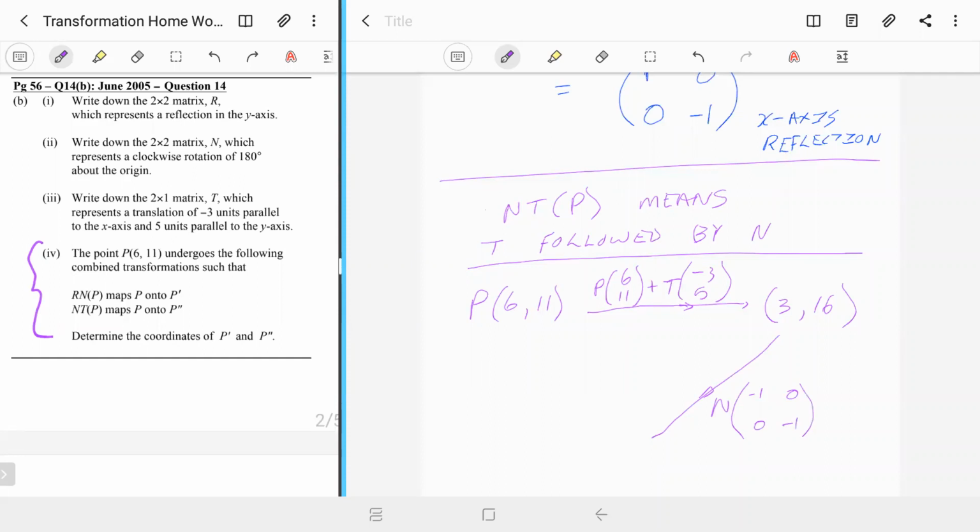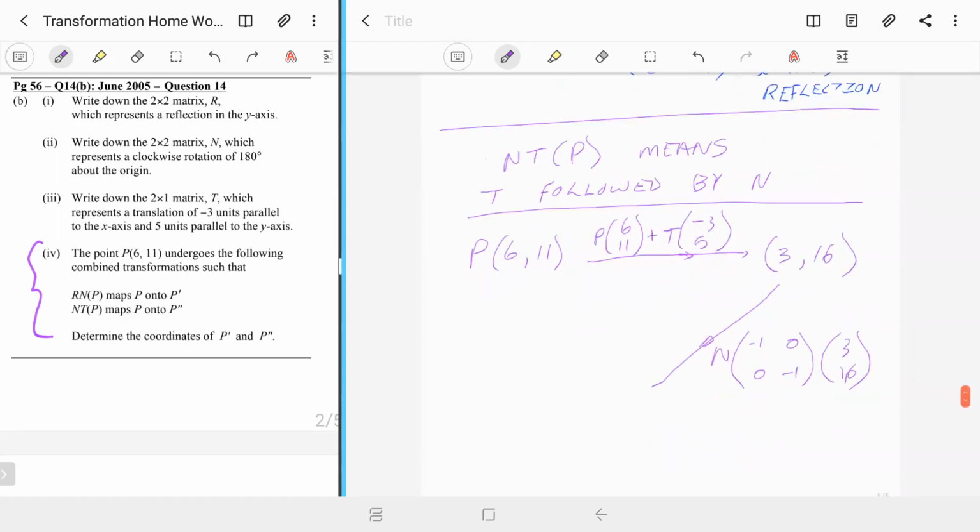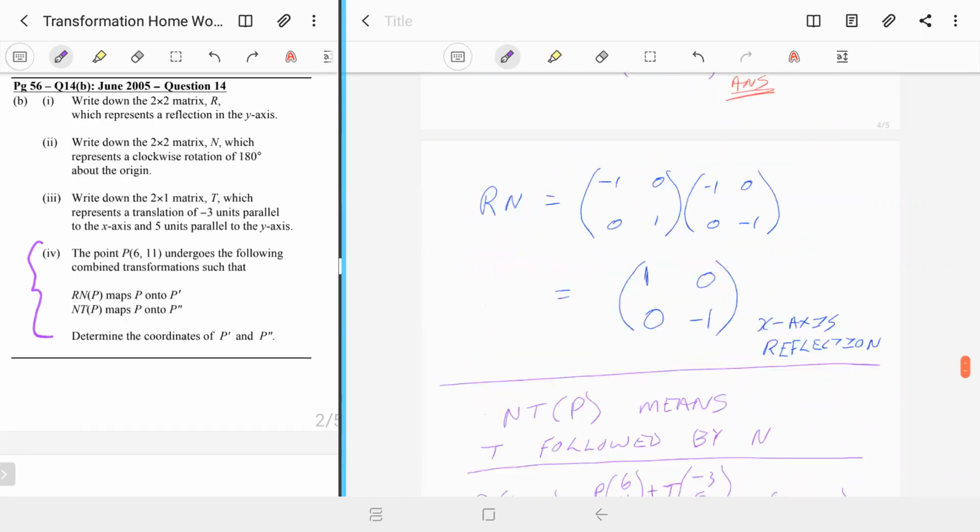And I'm applying that to this point now, which is (3, 16). See that? And that goes to negative 3, negative 16. That's my answer.